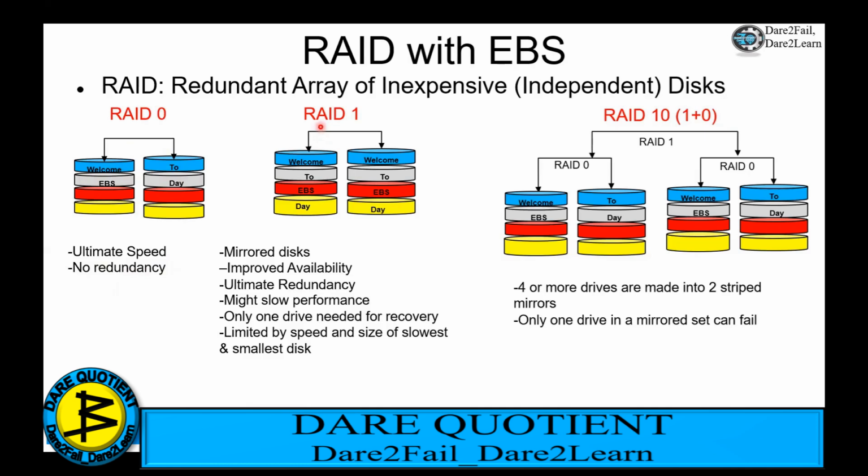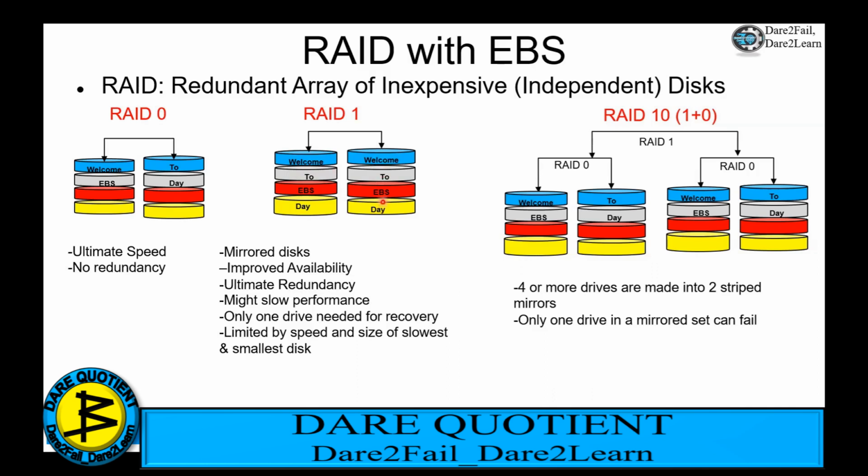Moving on to RAID 1, which is the diagram in the middle, you have mirrored disks. Hard drive 2 is literally a mirror image of hard drive 1. So you have "welcome to EBS day" stored in one drive, and the second hard drive is a carbon copy of the previous one.